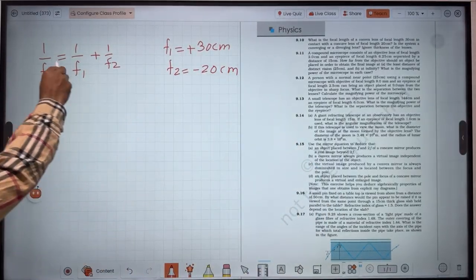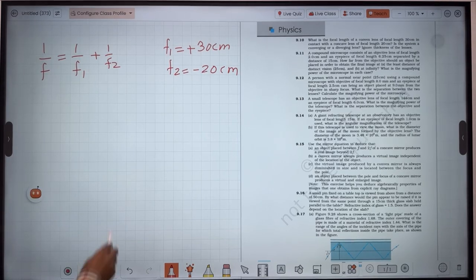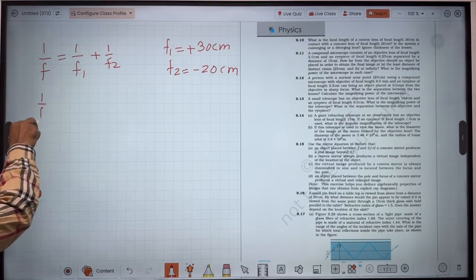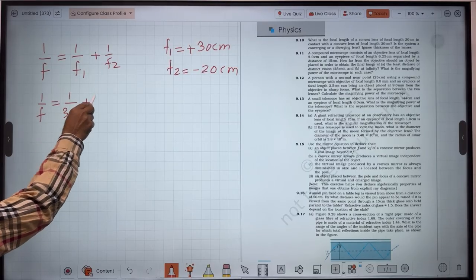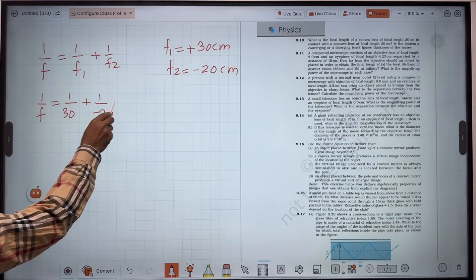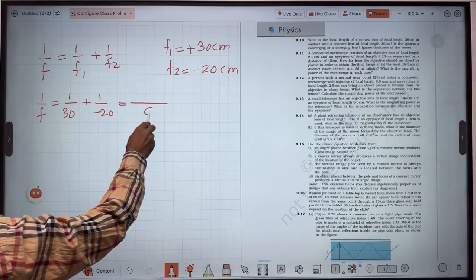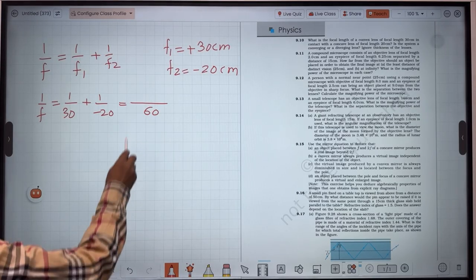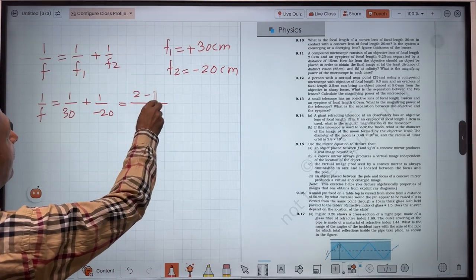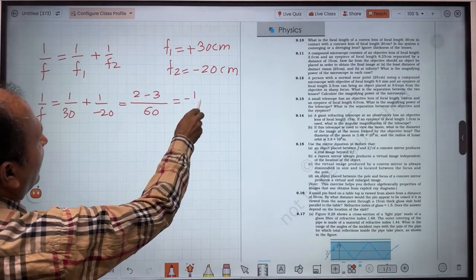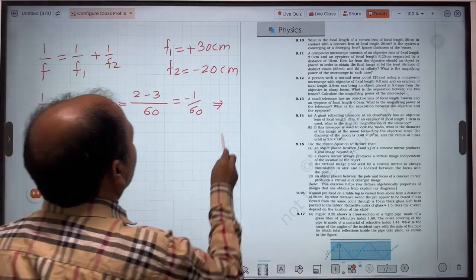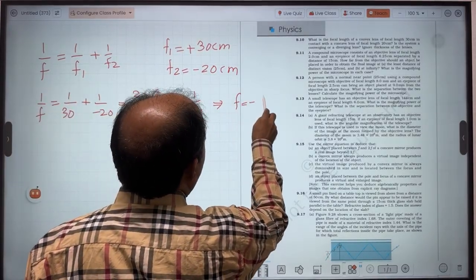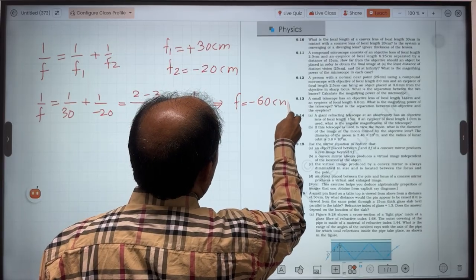Now if we put them in contact, 1 upon f will be equal to 1 upon 30 plus 1 upon minus 20. So the LCM will be 60. This will be 2, this will be minus 3, which gives minus 1 upon 60, from where we get f equal to minus 60 centimeter.